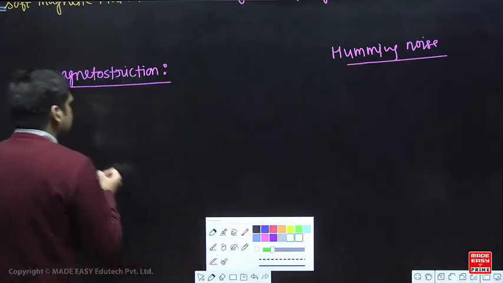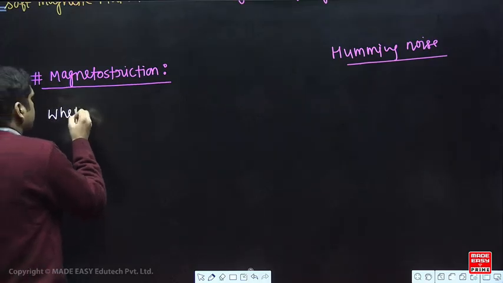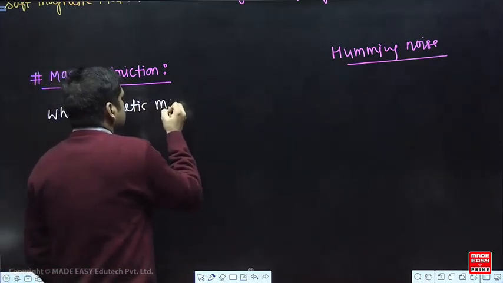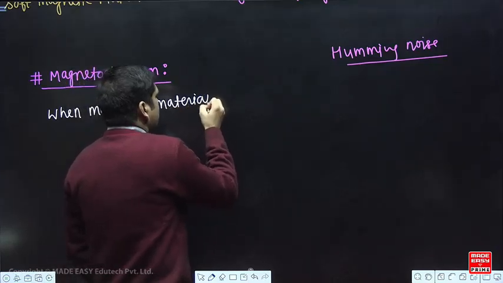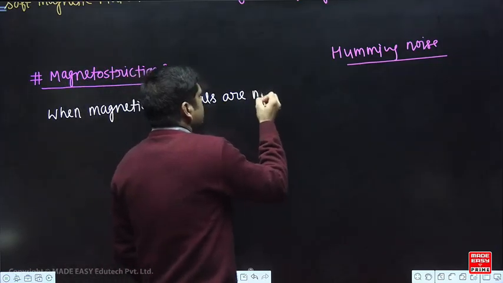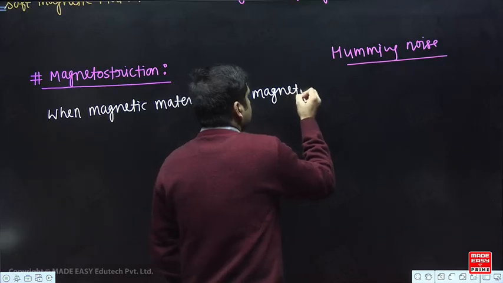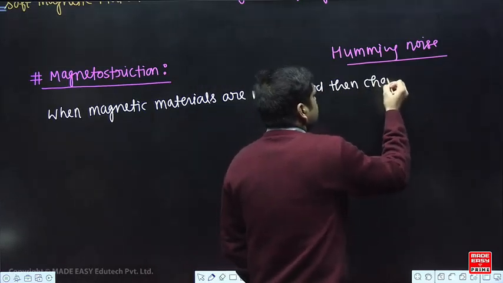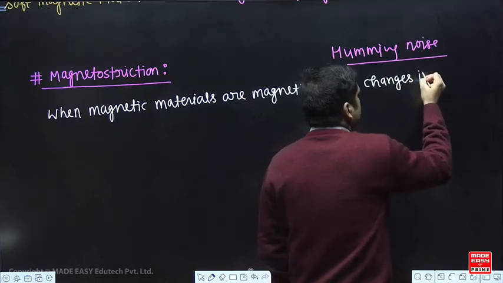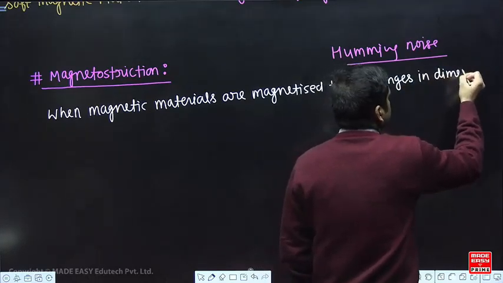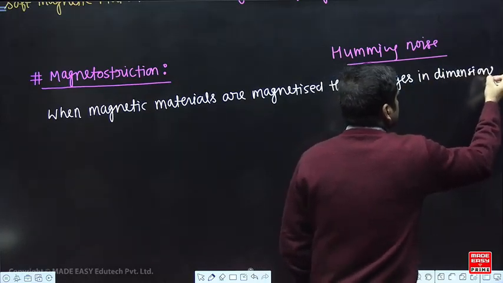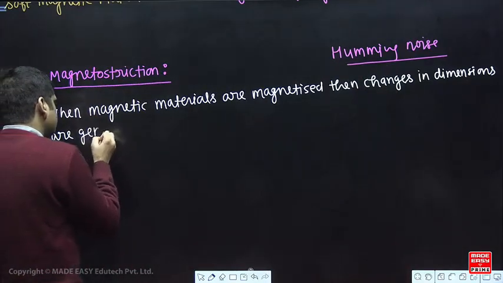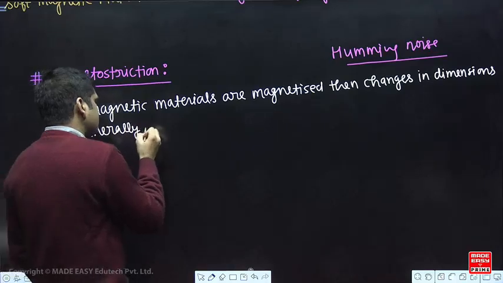When magnetic materials are magnetized, then changes in dimensions are generally observed.